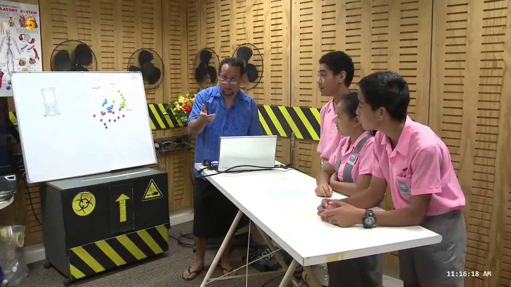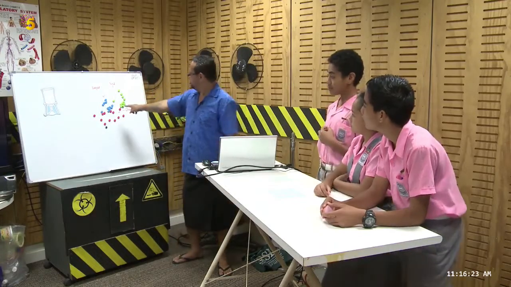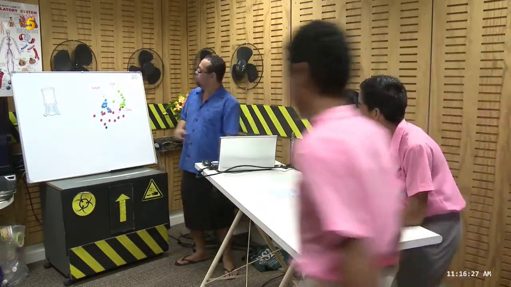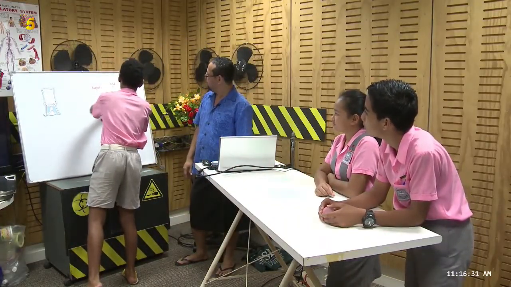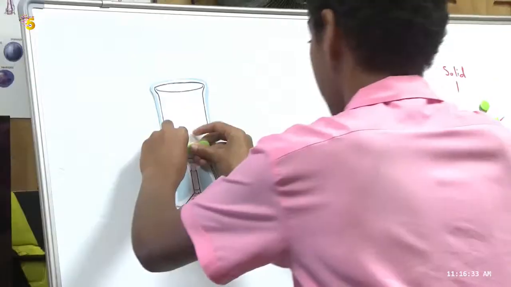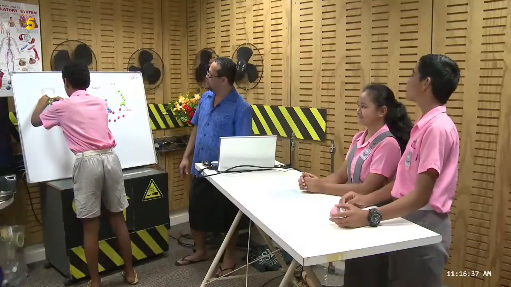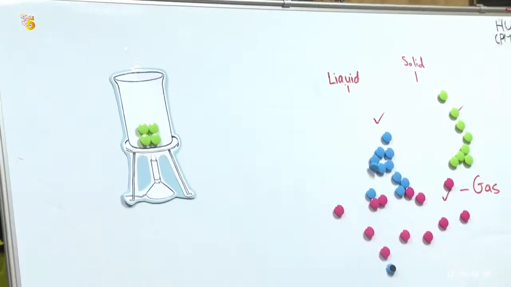Solid. Okay, so let's make a solid in the beaker, in the shape of ice. And that's it. They're fixed.